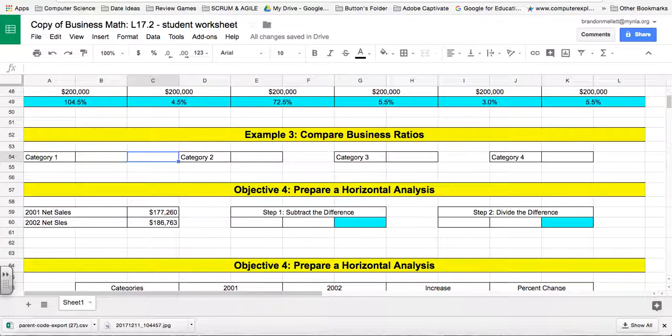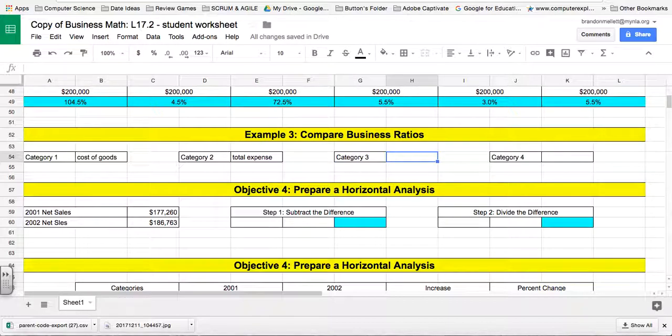Now what we're trying to recognize are what are the 4 areas that Burton Shoes are higher than the national average. So we could say that the cost of goods is one category here. Another category would be the total expense.